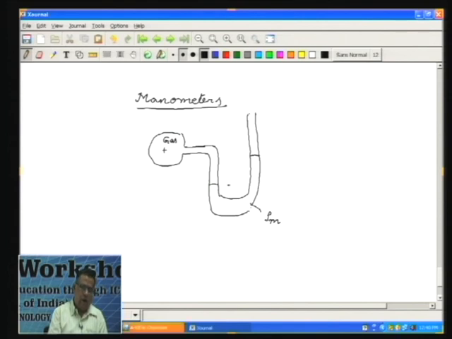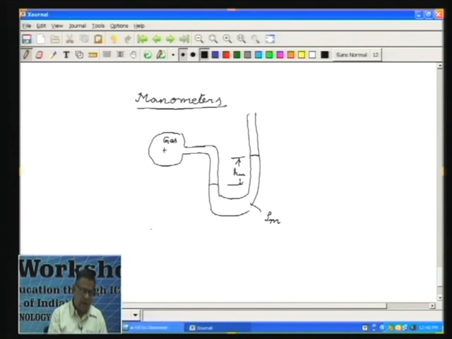In the lab what you can do is measure this height, we will call h m, the manometer deflection, and from this we want to find what is the pressure in the gas.